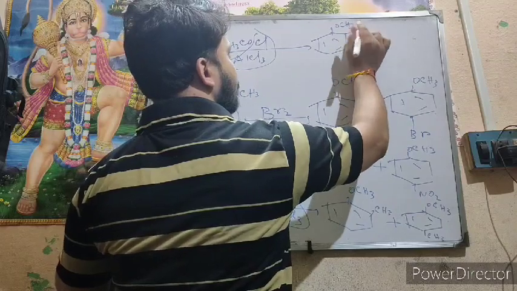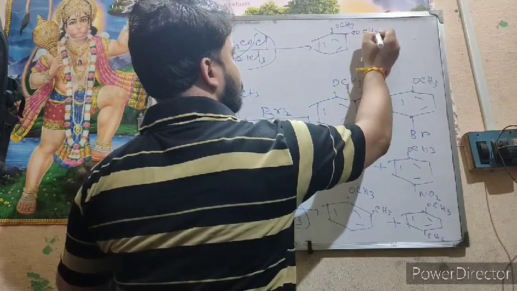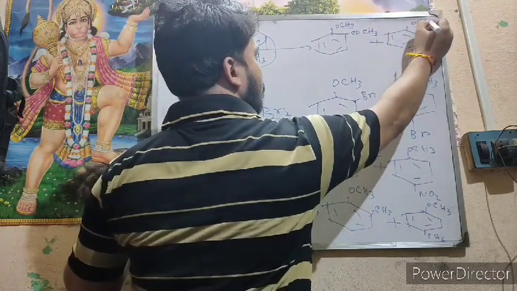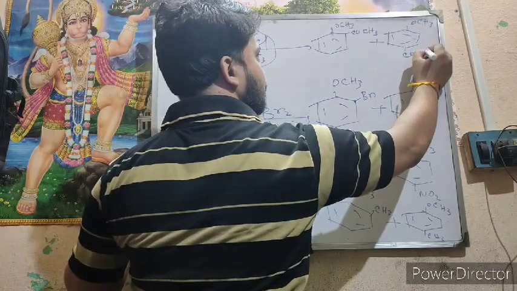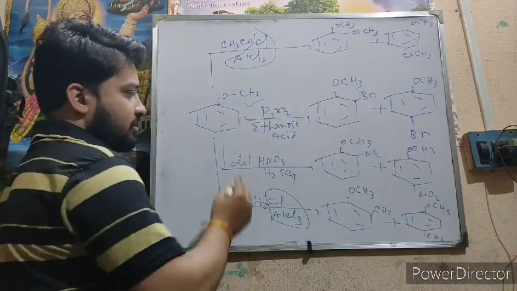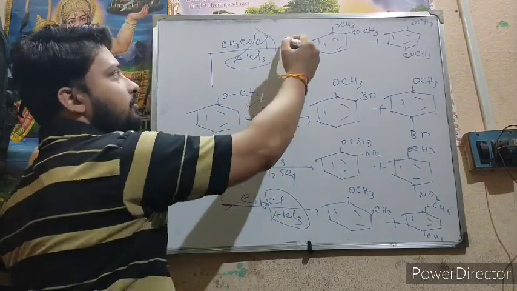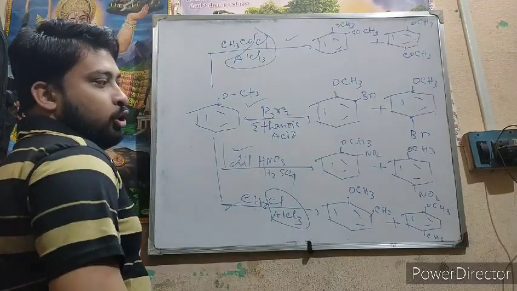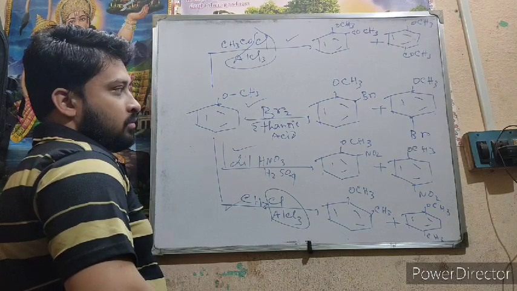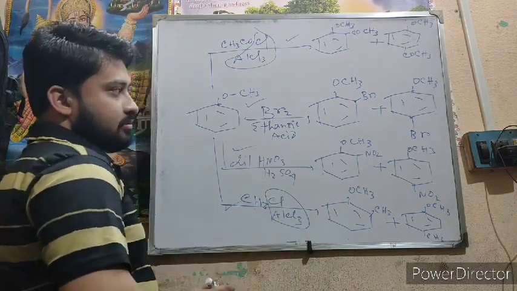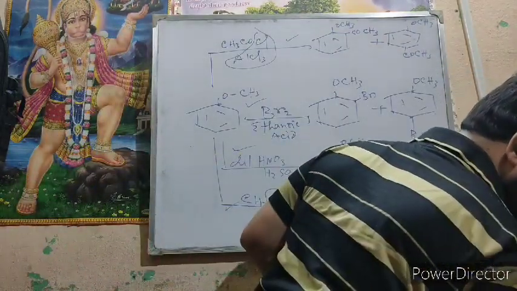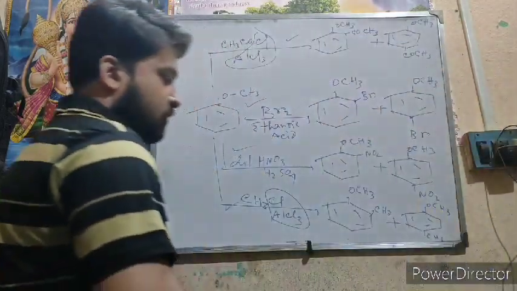Ortho position COCH3 as well as the para position, you get COCH3. So this is halogenation or bromination, this is nitration, this is Friedel-Crafts alkylation and Friedel-Crafts acylation. Those are very, very similar, and I really said, it is very, very easy.